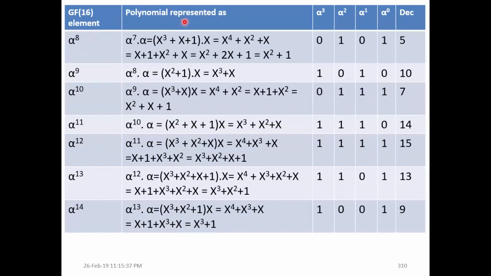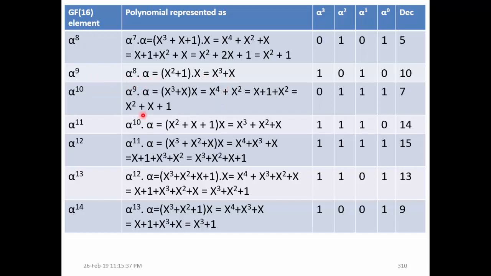Then alpha 8 is equal to x4 plus x squared plus x. Again this power 4 is replaced by x plus 1, and finally we get x squared plus 1. Alpha 9 is equal to alpha 8 into alpha, and we get x cubed plus x.